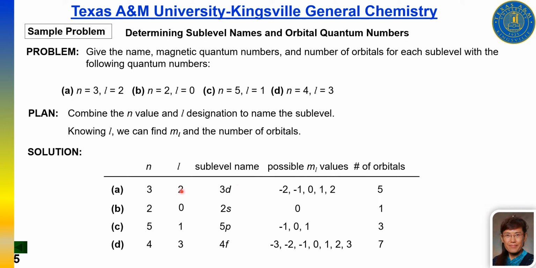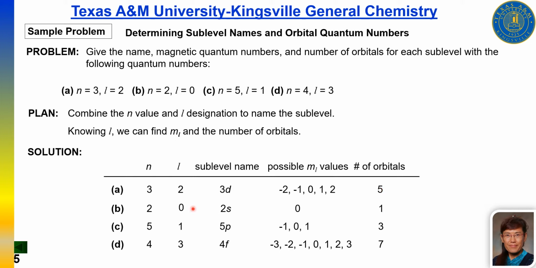If L is 2, your ML will be -2, -1, 0, +1, +2. So this is 5 different possibilities of numbers, meaning you have 5 orbitals. So you can calculate it by 2L plus 1. 2 times L, your L is 2. 2 times 2 plus 1 is 5.